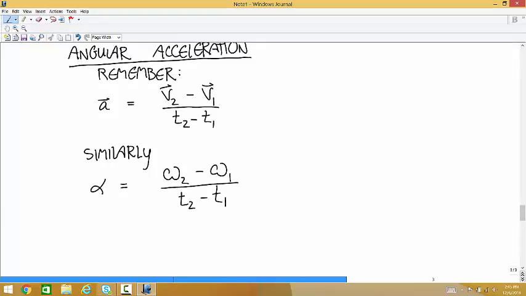The particle acceleration was a measure of how quickly the velocity was changing. The angular acceleration is a measure of how quickly the angular velocity is changing. So is the rotation speeding up or is the rotation slowing down?